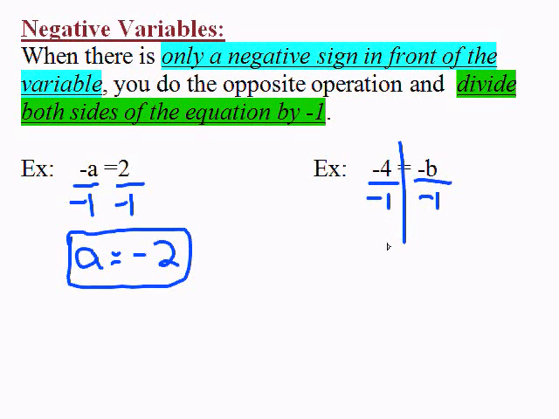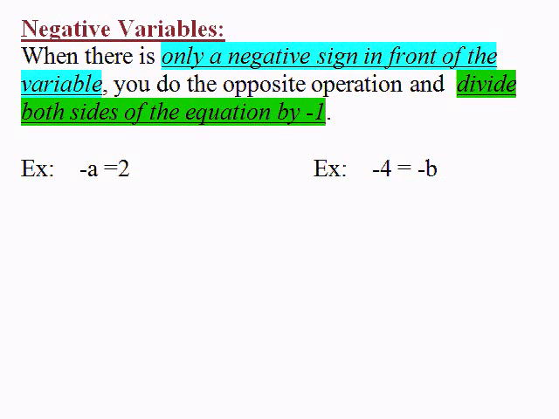And negative 4 over negative 1 is a positive 4 equals b. Checking our solutions in both of them, negative 2 is a positive 2, so that one checks out. Negative 4, when we put a 4 in for b, is equal to negative 4, so that solution also checks out.